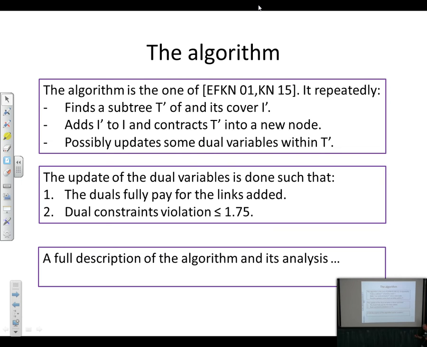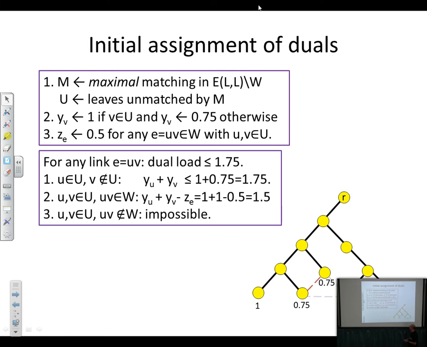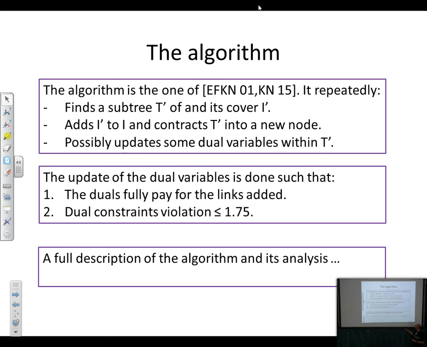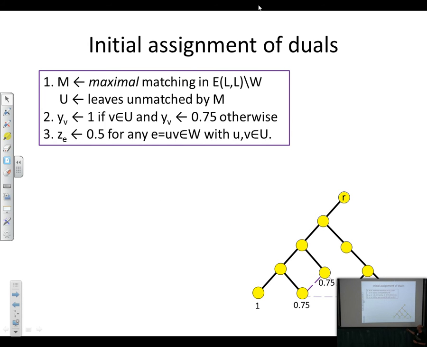Using this LP and following this line, we can actually design an algorithm. Well, it's not a new algorithm. So, is there some intuition that you set the dual variable to 0.5 rather than 0.75? How does that enter the dual objective?